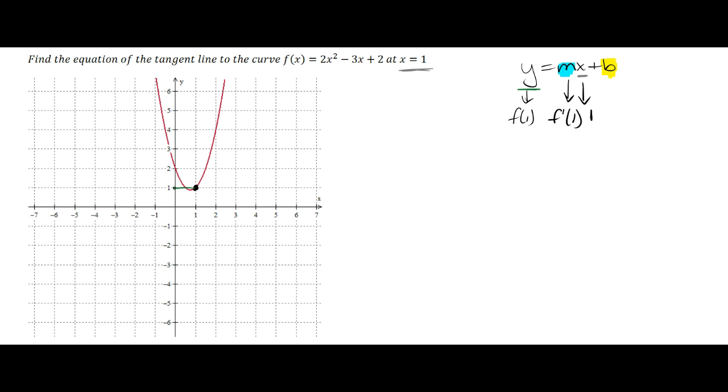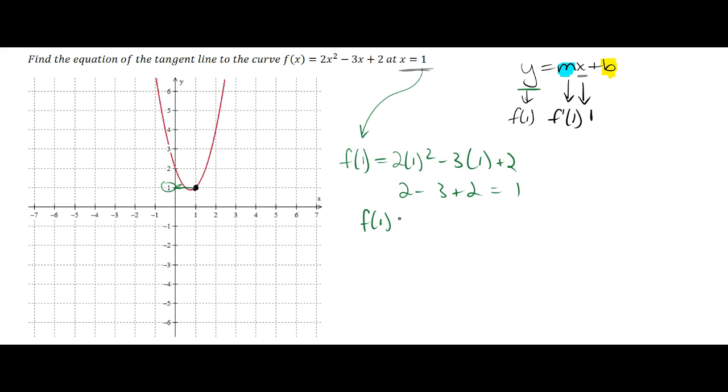So then we should find a y value. Well, the y value graphically is 1. If you wish to use the function, because most of the time you won't have the graph, all we have to do is substitute in the 1 here. Find the f of 1, which is 2 times 1 squared minus 3 times 1 plus 2, which is 2 minus 3 plus 2, and that is 1.